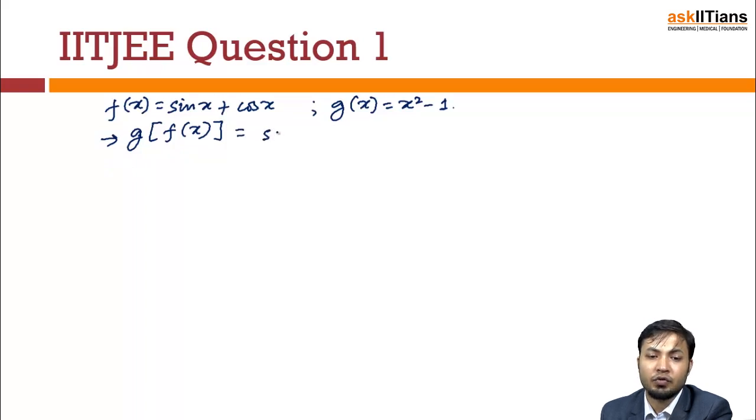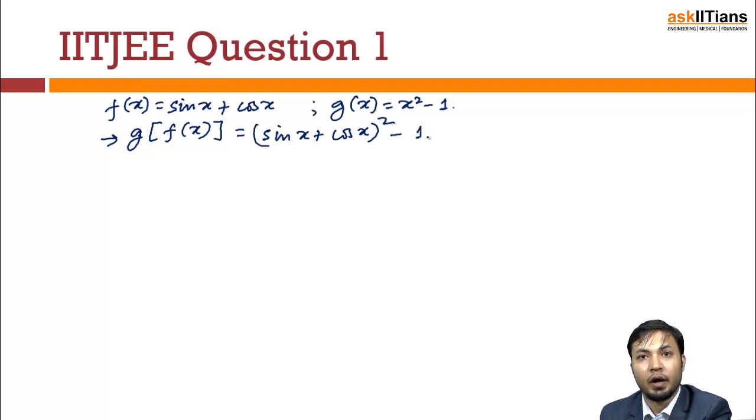It will become (sin x plus cos x) whole square minus 1. If you solve it, this will become sin square x plus cos square x, which gives me 1 plus 2 sin x cos x. Now 1 and this 1 will get cancelled, so I'll have 2 sin x cos x, which will give me sin 2x.